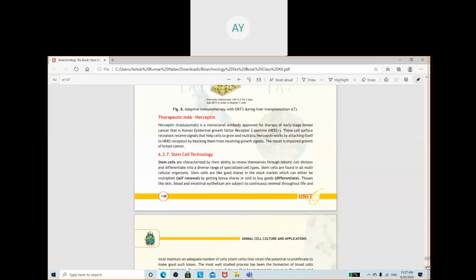When the male and female gametes form a zygote, then that zygote forms an embryo. So that embryo is a stem cell. How? From the single zygotic cell, we develop a whole individual.